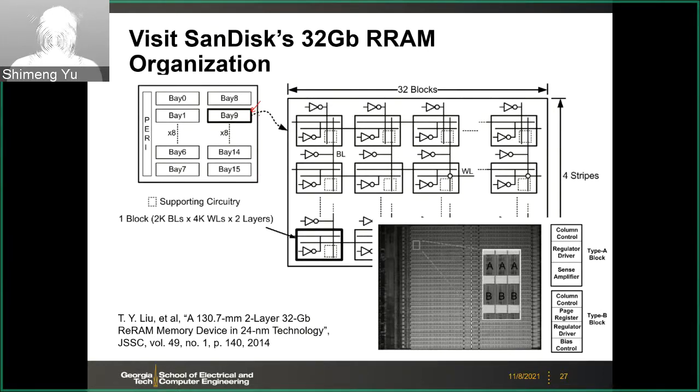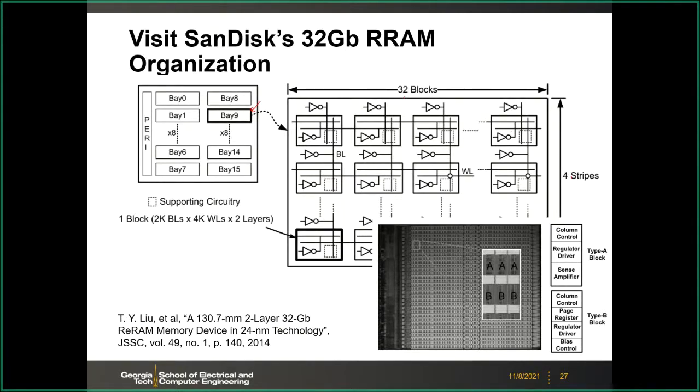If you look into one bay, you have 32 blocks along the row side and 4 stripes along the column side. So basically 32 by 4 subarrays, in total 128 subarrays.